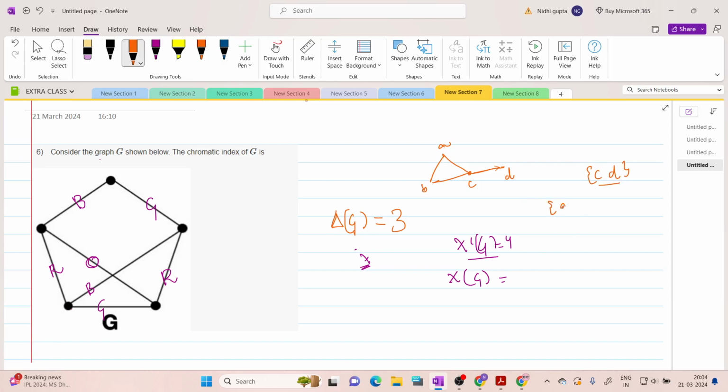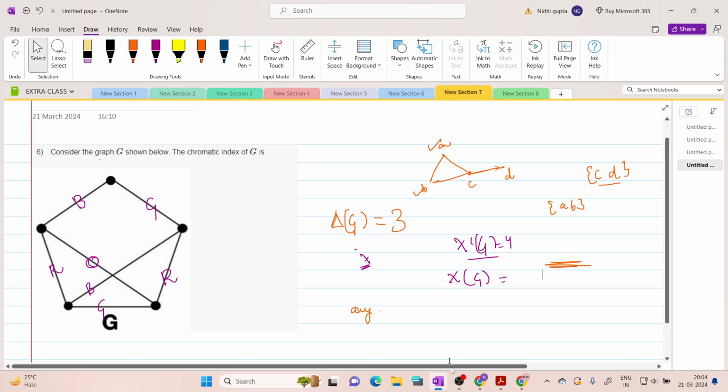So AB will be an augmenting path. What is the definition of augmenting path? It should start with an unmatched vertex, end with an unmatched vertex, and alternate between matched and unmatched edges. A is an unmatched vertex, B is an unmatched vertex, and AB is an unmatched edge. So it is just a path with one edge.